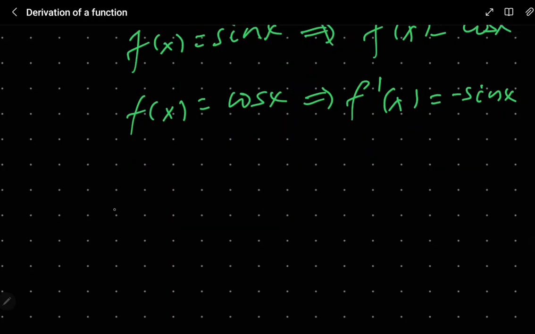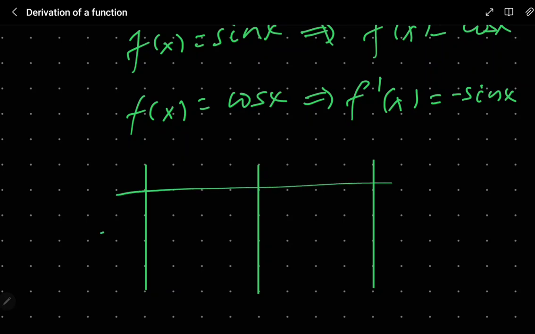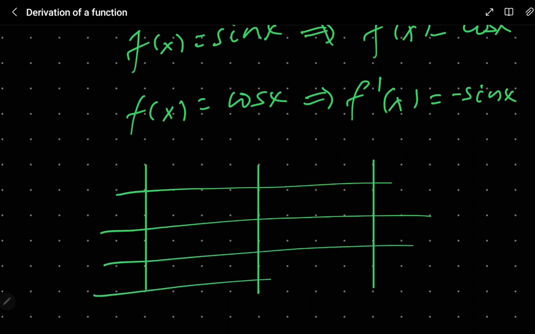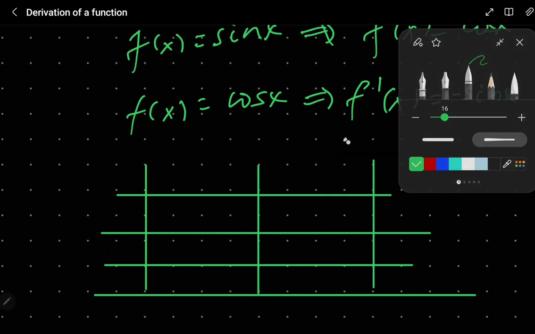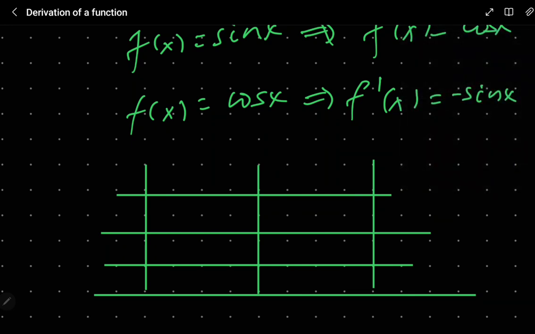So we can summarize like this. We have a table of values. So let's say there is a table here. Then please study this table. It's a very important table. All right, now we have f of x in the first column, and here are f derivative of x's.